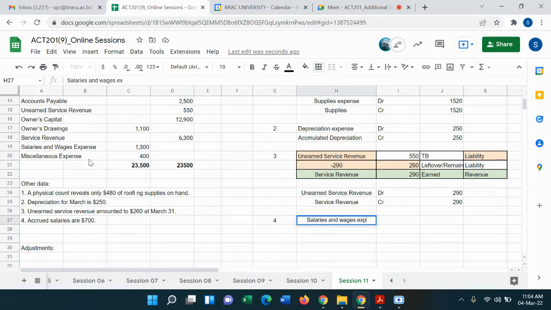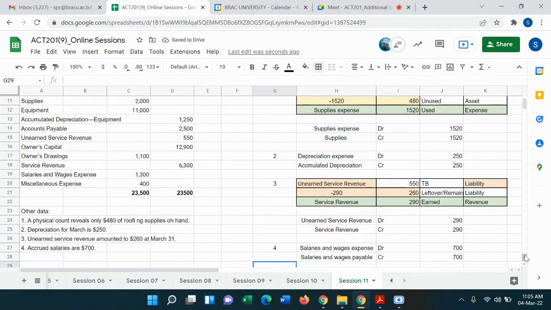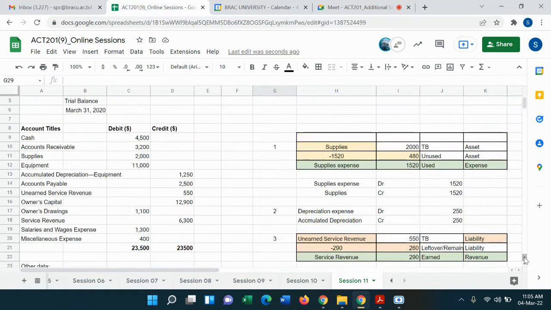So salaries and wages expense, debit 700, salaries and wages payable, credit 700. So this is how we will do the adjustment. That is the process of doing adjustment. Is that okay?